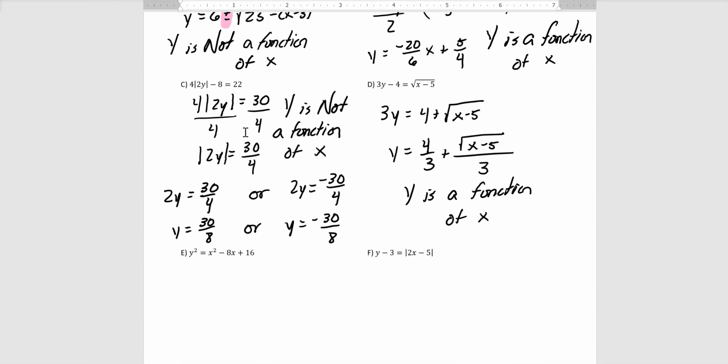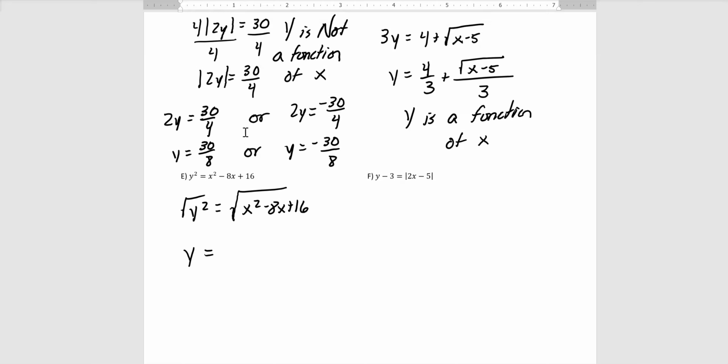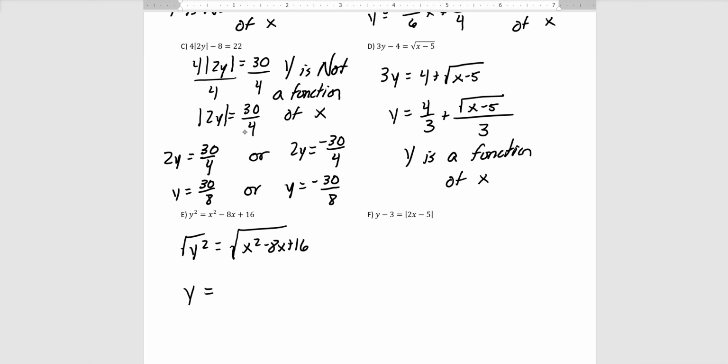Beautiful. All right. Looking at letter E, oh, we have y squared all by itself, but I know I would need to take a square root of y squared, which means I'll be taking the square root of x squared minus 8x plus 16. So if I am doing the square root, this is just like what we talked about. If the square root's given, we don't need a plus or minus.